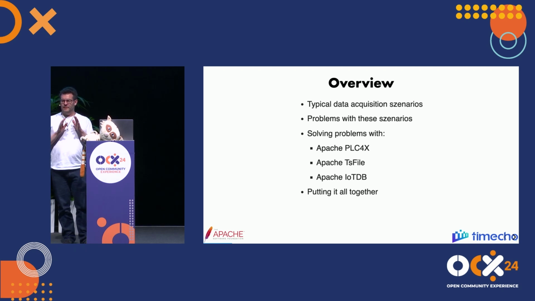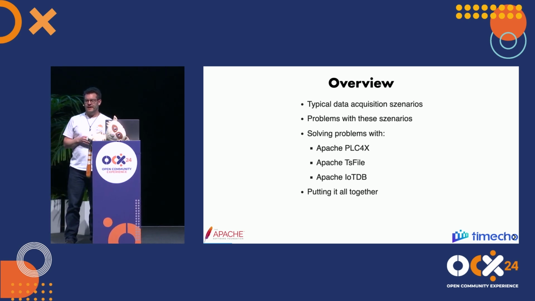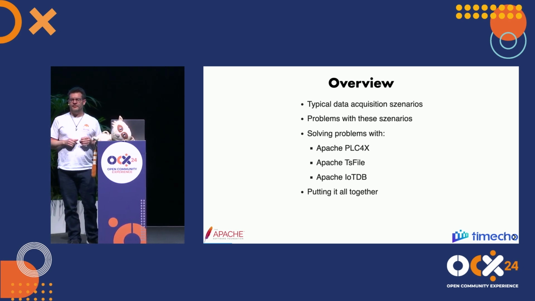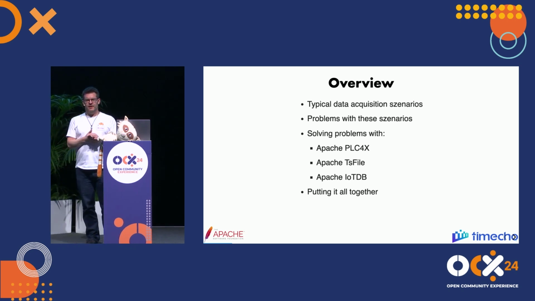I'm going to go into which problems I've typically seen all over the planet, and especially how we can solve them with various Apache projects that we have. In the end, I'm going to wrap it up with a big picture that I have of how we could make data acquisition and industrial automation awesome.